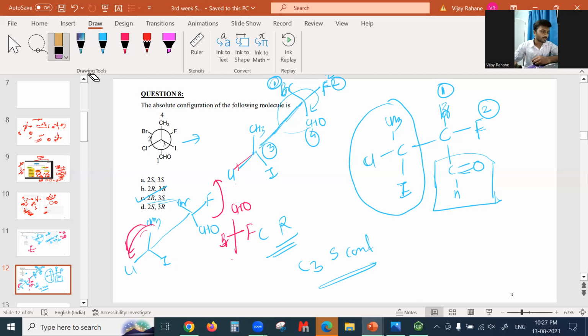We need to rotate the molecule by 180 degrees. So this methyl will be for the lower side, and this iodine will be on that side. How it will look: the iodine, chlorine, and here is the methyl group. And the back side, the chain will remain as it is, that is CHO, chlorine, sorry, chlorine and bromine.